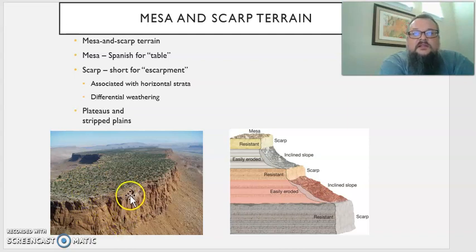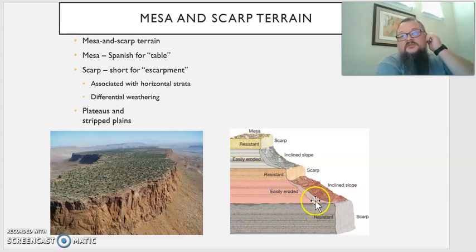These mesas look like elevated plateaus, right? And so oftentimes they're referred to as stripped plains because they're flat on top. When we look at these mesas, we refer to them as differential weathering because you have weathering happening at different rates with the different rocks that make up the mesa.